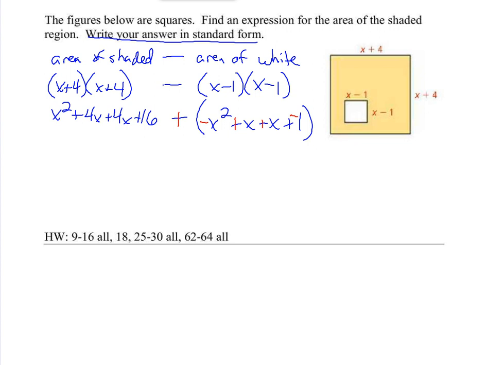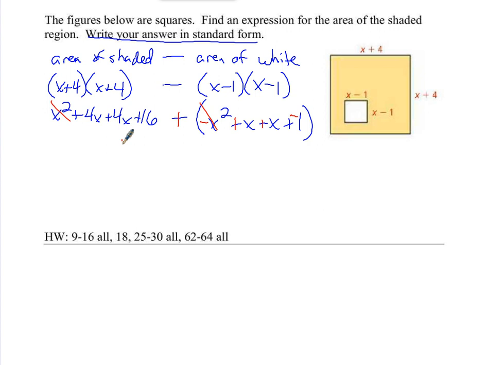So now we can combine like terms. Where do we start? X to the second plus x to the negative second is gone. It disappears. So these two guys are gone. What about this 4x, 4x?